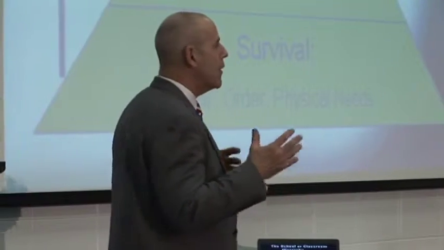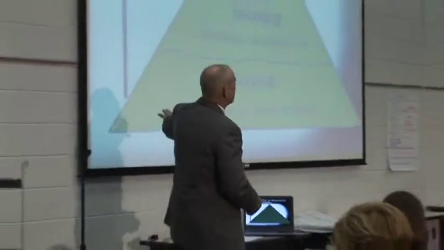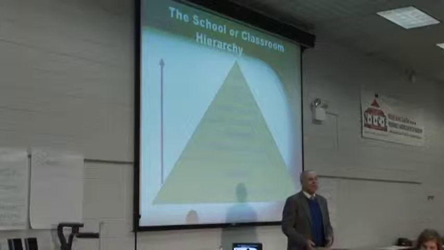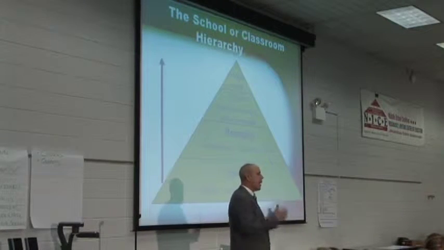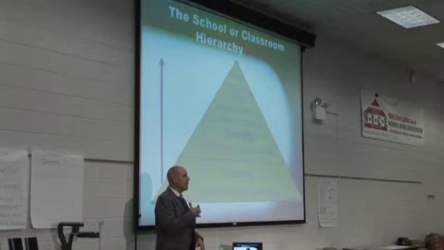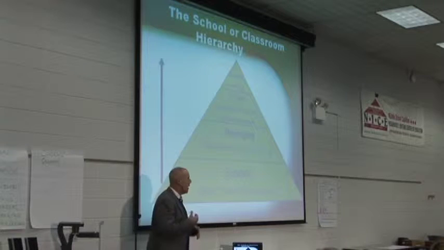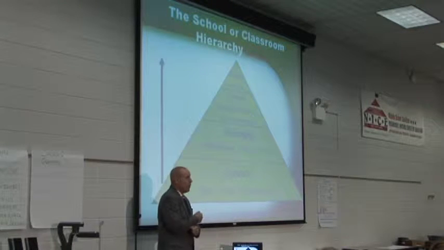However, I believe that a school and a classroom do have a hierarchy of the needs, survival being the most important one. If we don't have a sense of safety and order in a classroom, nothing else can happen. You can't even build a relationship if there's chaos. And as a student, if I'm not feeling emotionally or physically safe, I'm not going to open myself up to a relationship. I'm going to take care of myself.